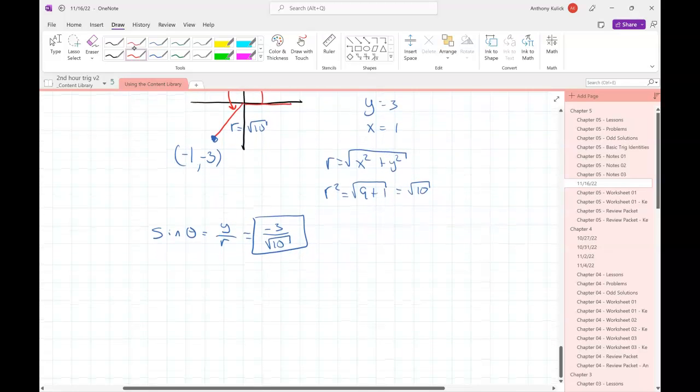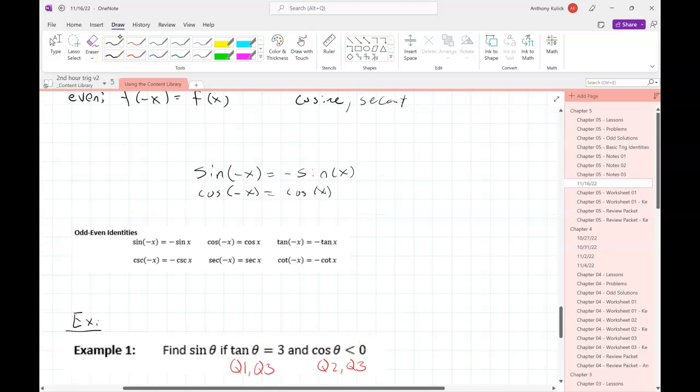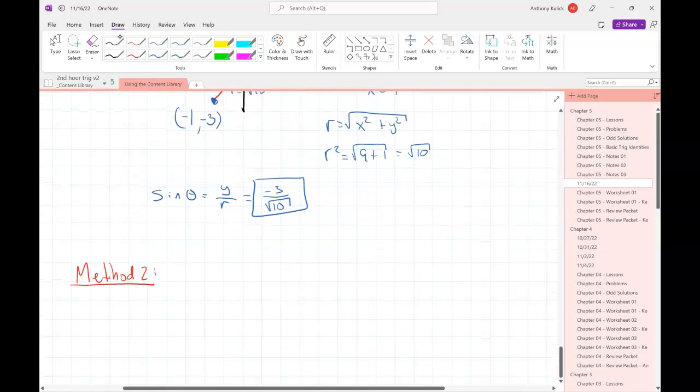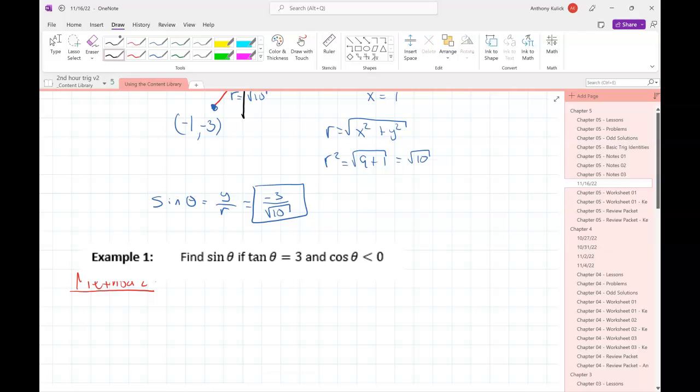We can accomplish this same thing using only identities. Let me just steal this again real quick. Anyways, I don't care that it deleted half of my method too. You guys are cool with it, right? All right.